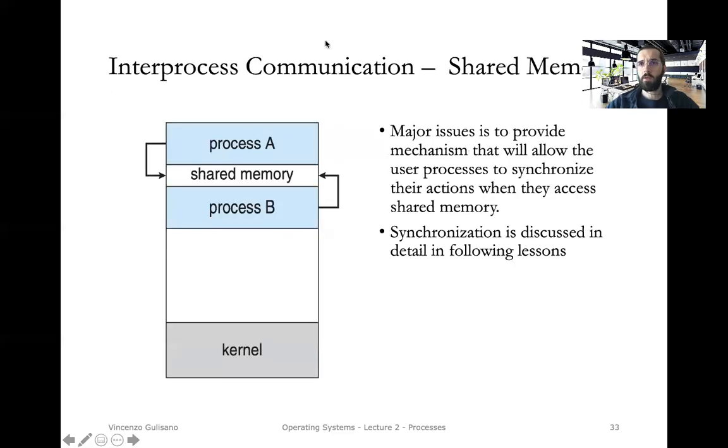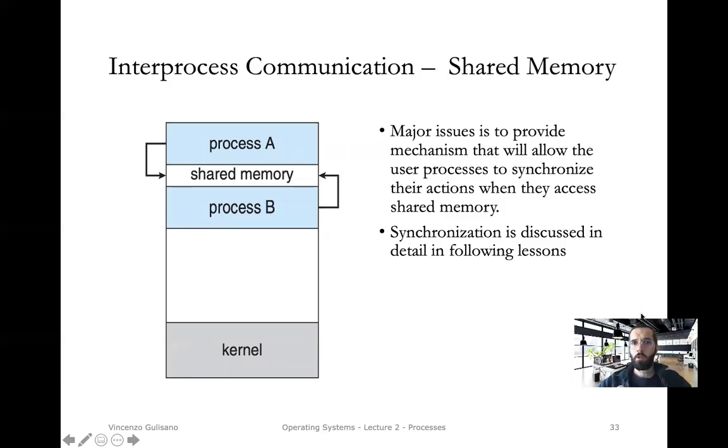If we look a bit better here, with shared memory, you create a common space between two processes, and you can directly exchange messages without relying on the operating system. It's faster because you don't have to send a message to the operating system, store it somewhere at the operating system level, and then wait for the operating system to deliver this message to the other process.